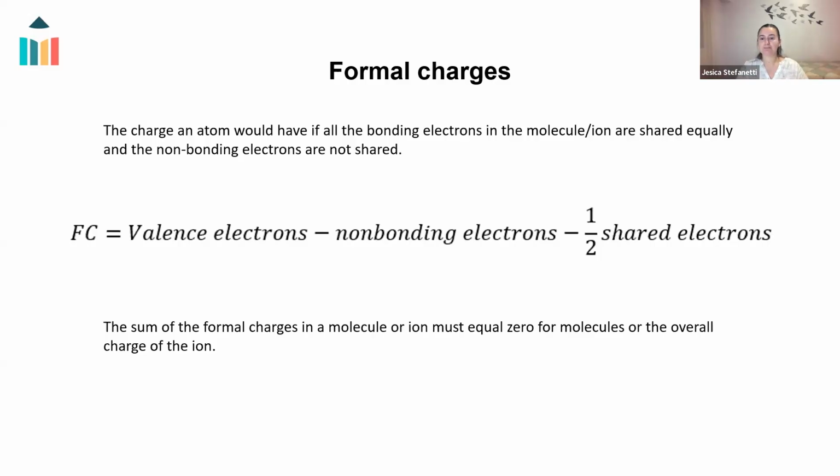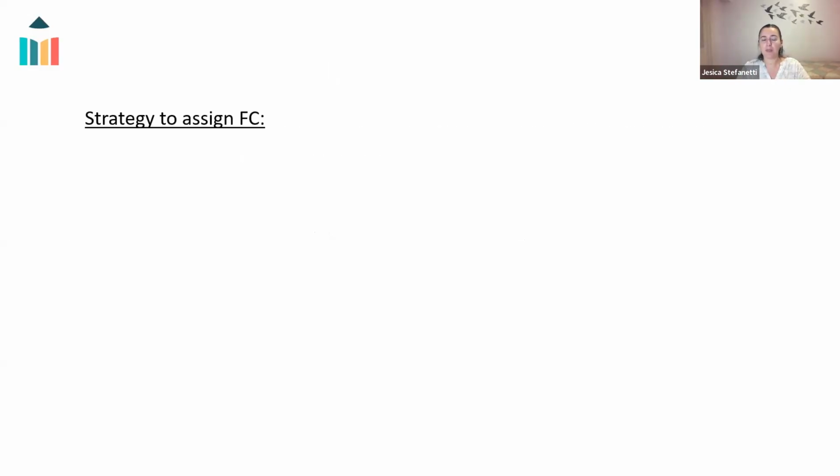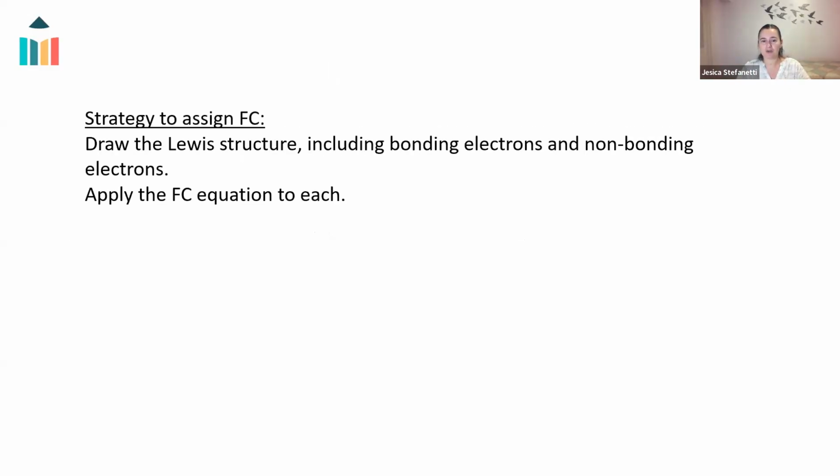We should always check that the sum of the formal charges for a molecule is 0, because molecules are neutral. And if we have an ion, the sum of all the formal charges should equal the charge of the ion.